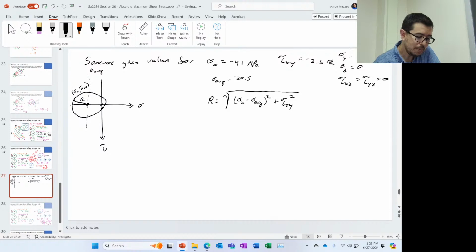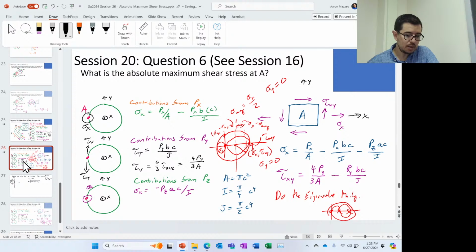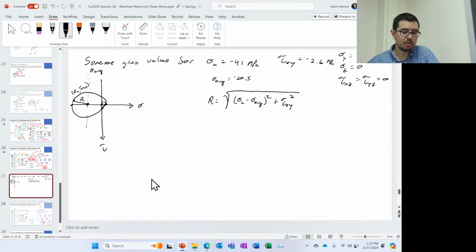If I'm thinking about absolute max, I've got one circle in here that makes it wherever this hits over there. And I've got another circle that comes from this point here to that. But I'm just interested in the absolute maximum shear stress. So what is absolute maximum shear stress going to be?